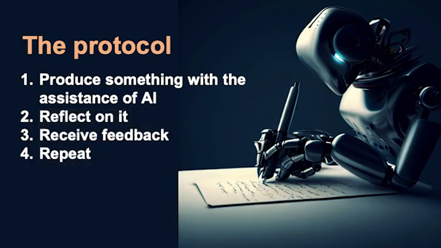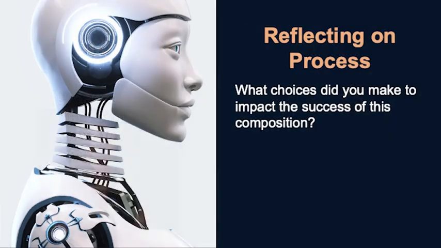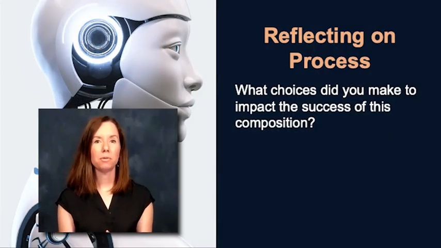And then they write up a reflection, this time without the assistance of AI, on what they've done. They then get feedback from me on both the thing that they created with AI, but also on that reflection. And then we repeat that process throughout the term so that they're able to build on what they've learned from their previous experiences.